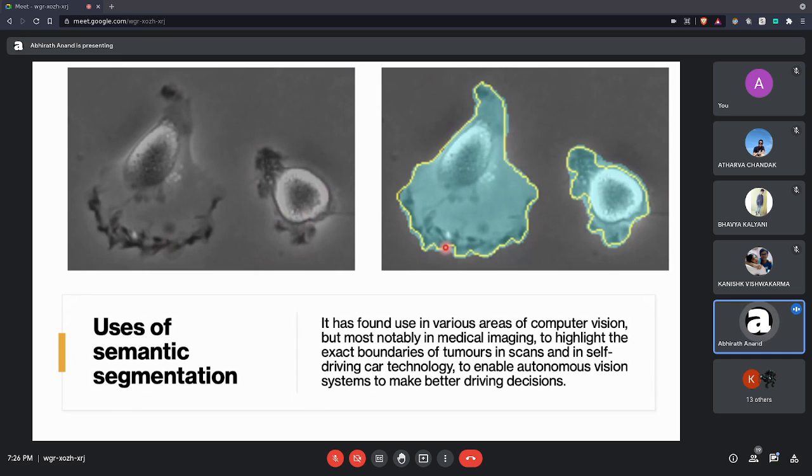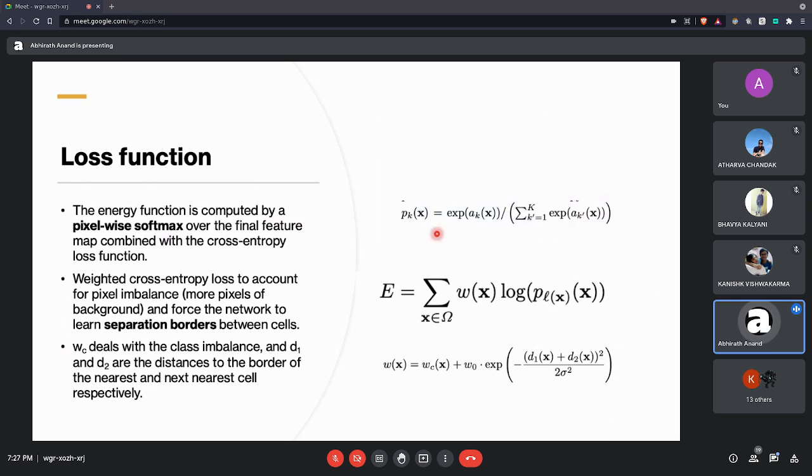Actually this image has lesser imbalance, but if you consider certain other biomedical imaging data, there will be a huge amount of imbalance in terms of background and cells. The number of pixels in which the cells are will be really low, and the number of pixels in which the background dominates will be much higher. So one of the things that the authors of U-Net wanted to take into account was this imbalance in pixels. So they took a weighted cross entropy loss to account for this.